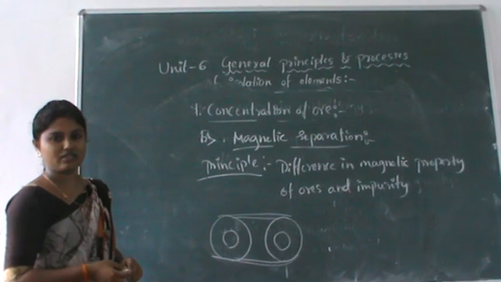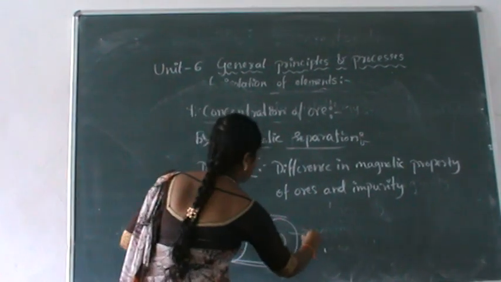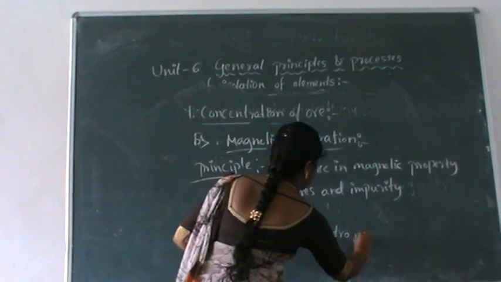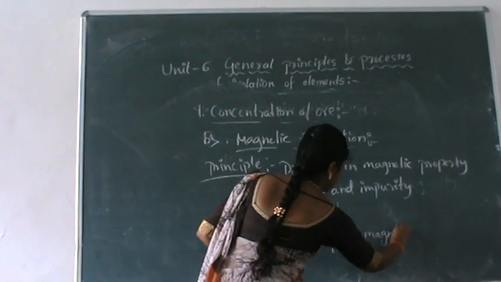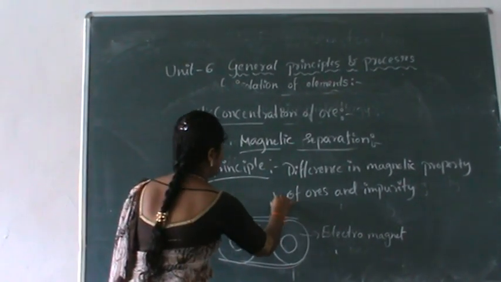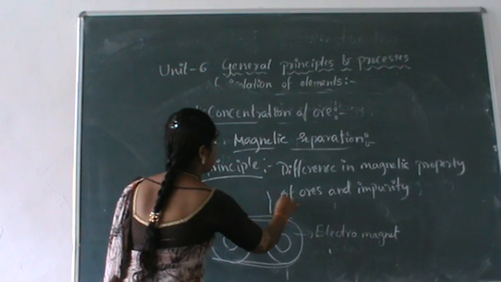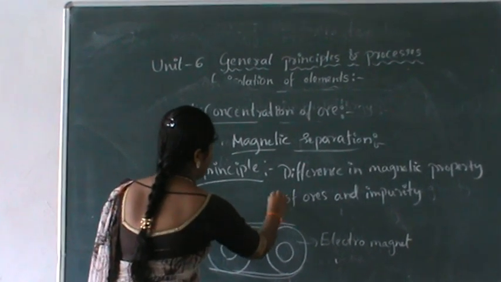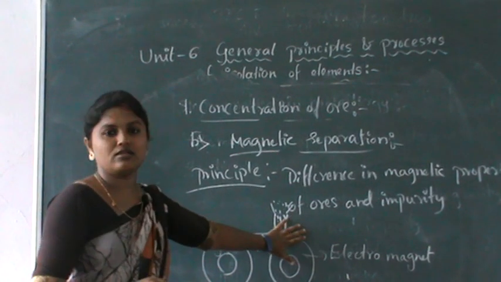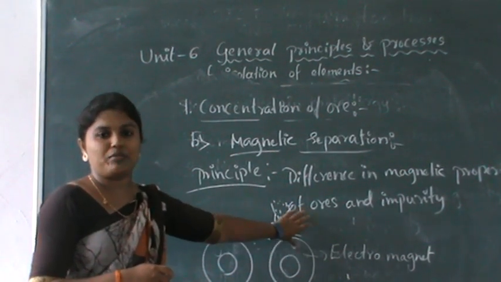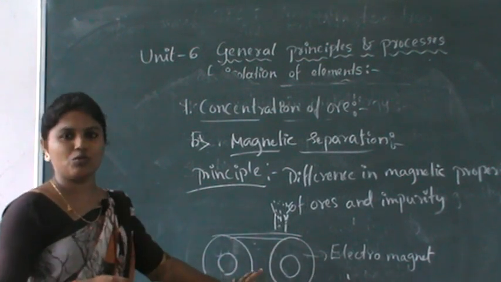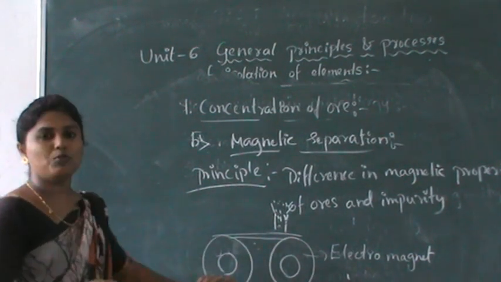These two are electromagnets. So what we are doing: we will take the powdered ore and pour it on the magnet. Then this traveling belt will move.